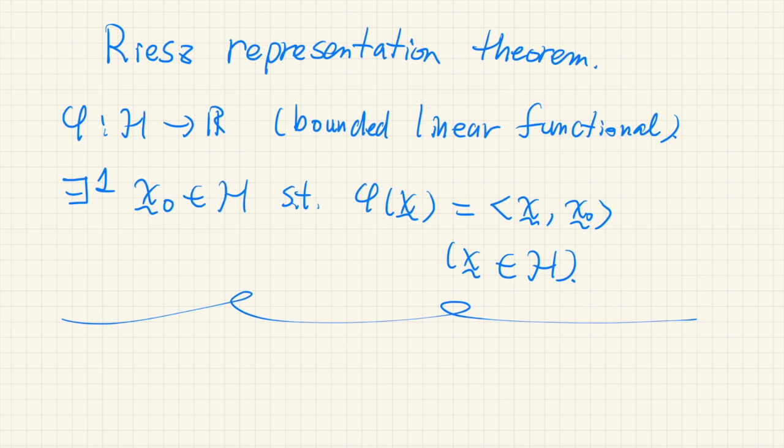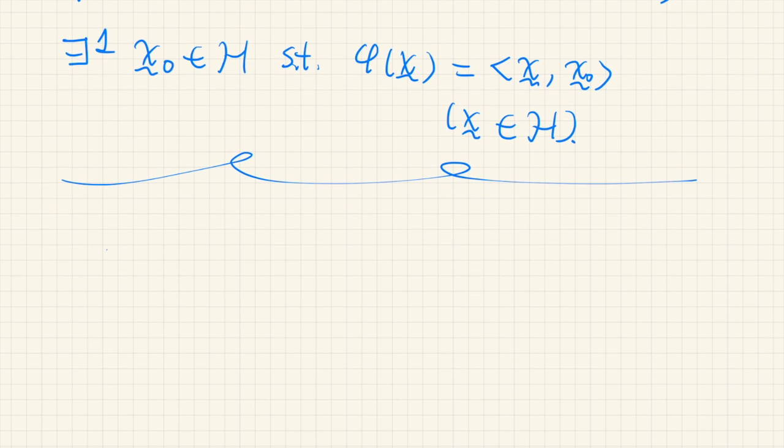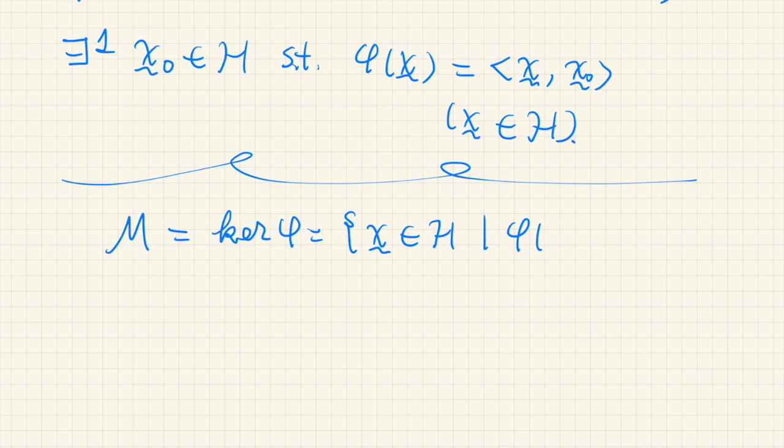Okay, let's prove it. For the proof, first let us define M as the kernel of phi. This kernel is not the same as the kernel functions, but it has a different meaning, which is the set of elements in the Hilbert space that map to 0.